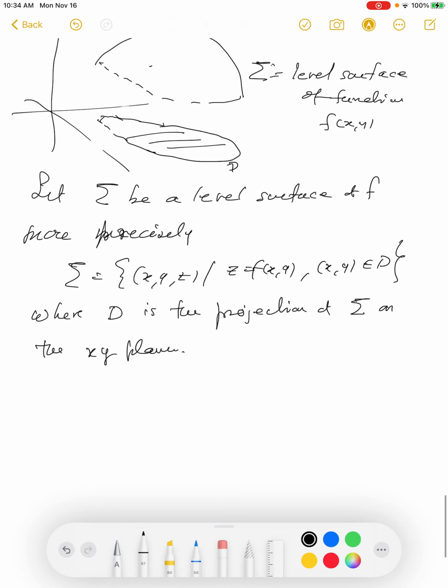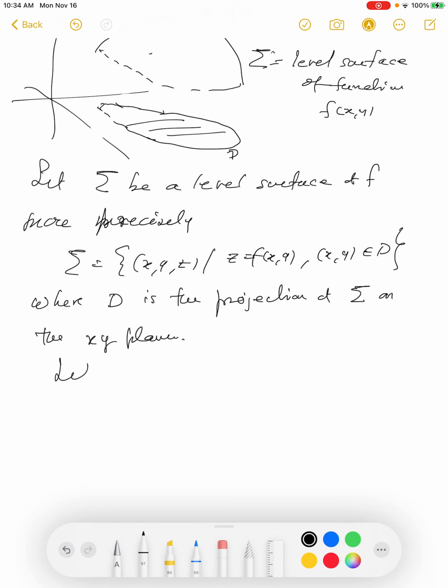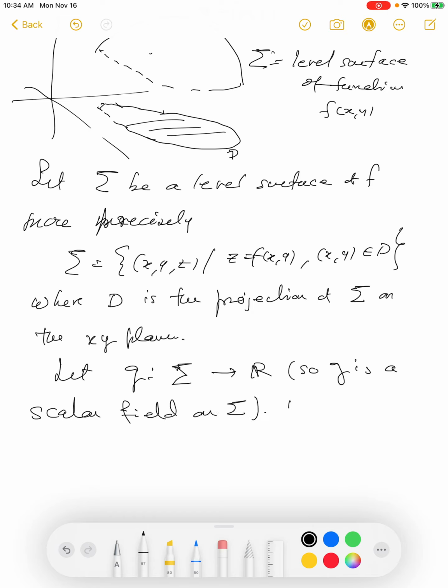And now I have a scalar valued function g, which is defined on sigma with values in R. So g is a scalar field on sigma.